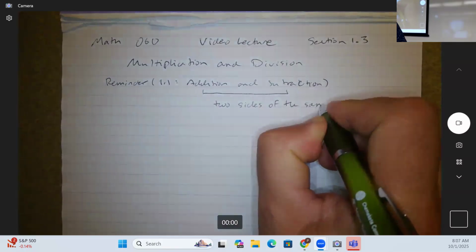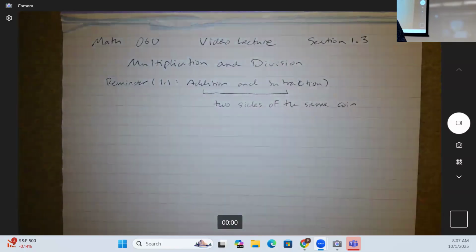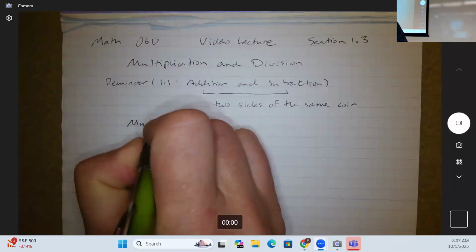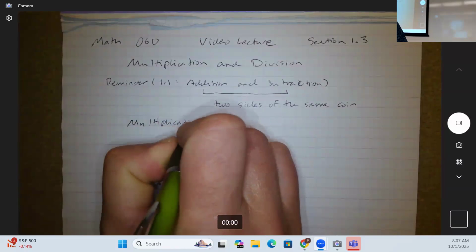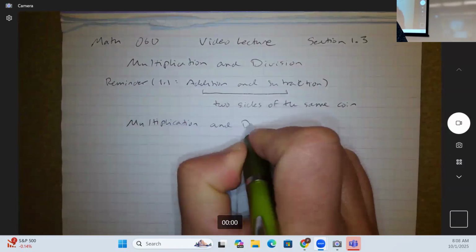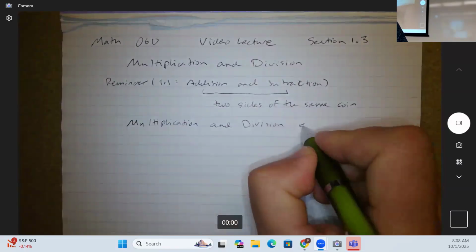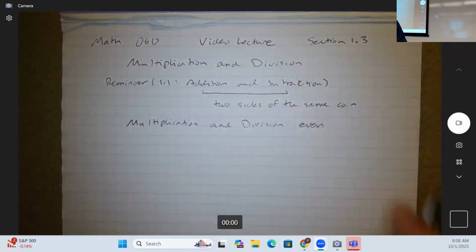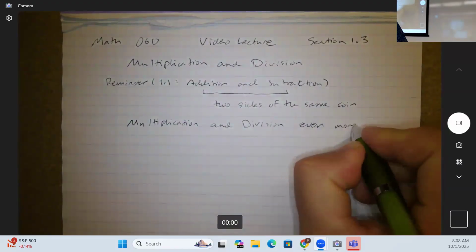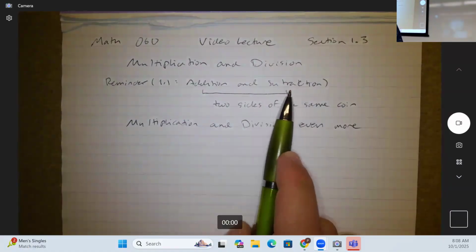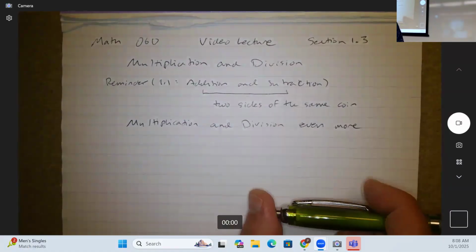of the same coin. Well, multiplication and division, they're also two sides of the same coin. And technically it's only the same amount, but I'm going to say even more because subtraction was pretty easy to work with, even when it's complicated subtraction.